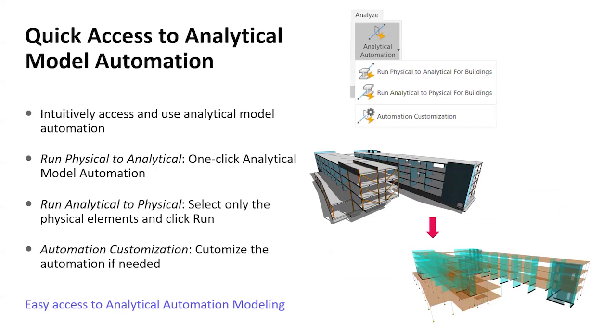Autodesk significantly improved the quality of analytical automation modeling, making it connected and aligned to engineers' expectations. Now this automation can be quickly accessed and run from a ribbon based on the pre-selected set of physical objects. The usability improvement. Still much more to come in this capability.